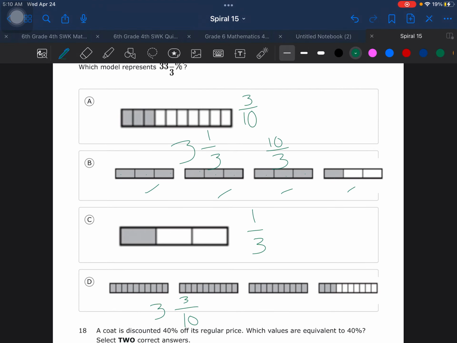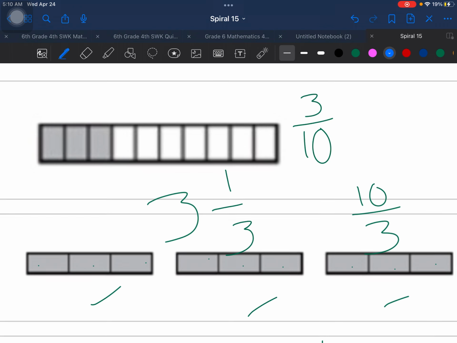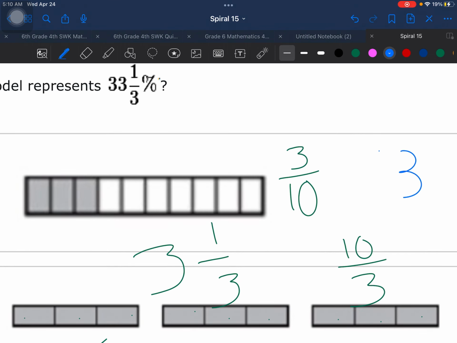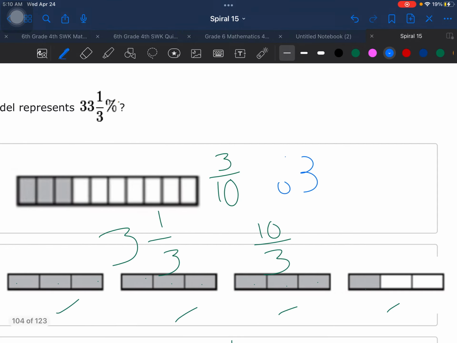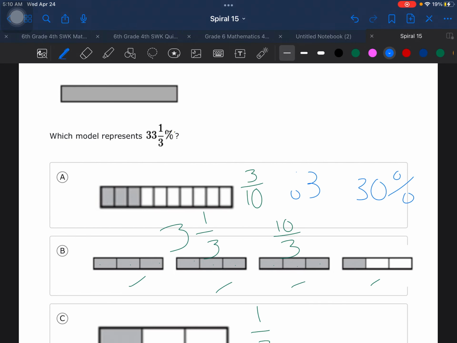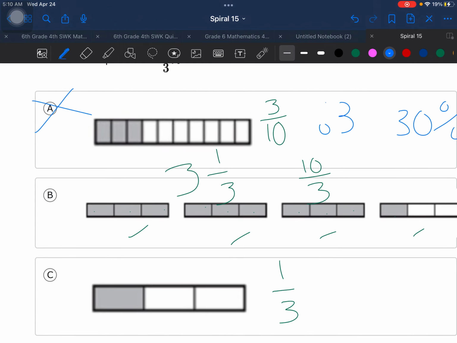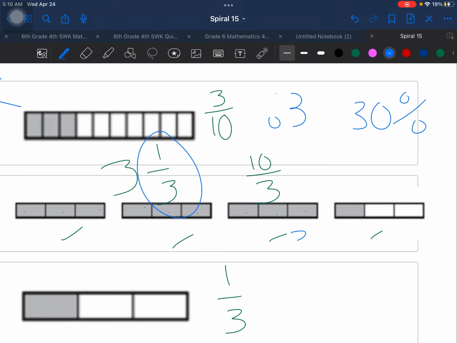Which model represents 33%? Well, the best one, chicos, for this is if you have something like this, this would represent 0.3, 0.3, if you move it 2 times to the right, is 30%. So not quite. This is 3 and 33.